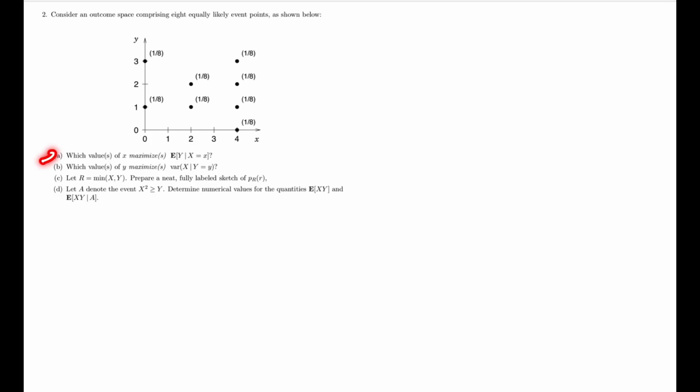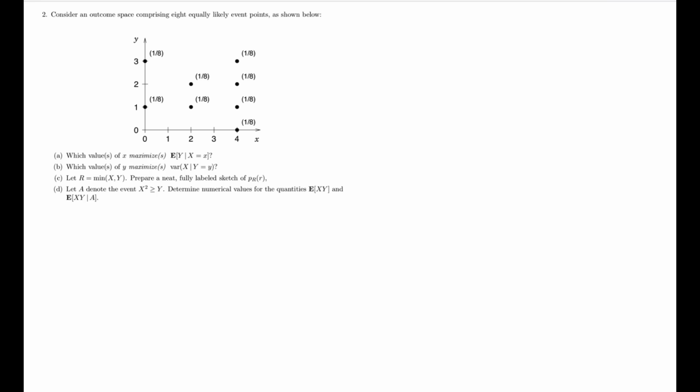Let's look at the very first question. We have to find what value of x maximizes the conditional expectation. We have already gone through the conditional expectation. If you are not comfortable with these terms, I would recommend watching my previous lectures.